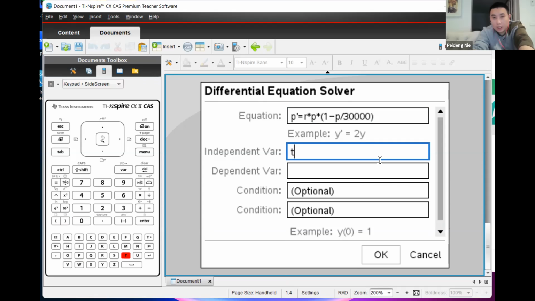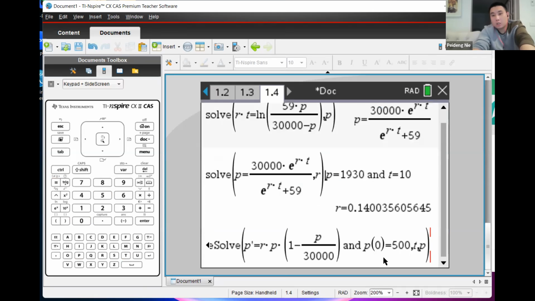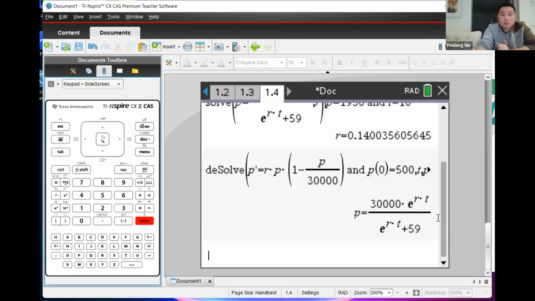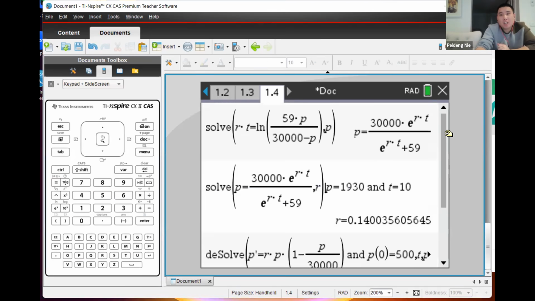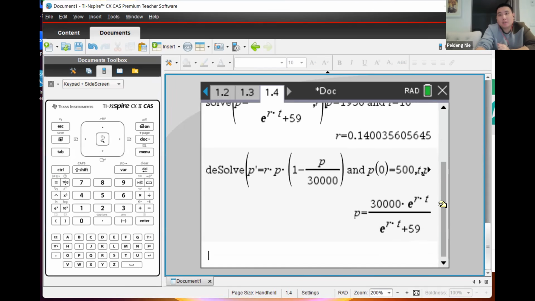Independent variable is T, dependent variable is P. Condition is P of 0 equals 500, okay? That's the initial population. So now, putting all together, this is the correct answer, okay? So using DSolve is trivializing that question, but you have to show some calculus, algebra, and the partial fractions. Also substitution.